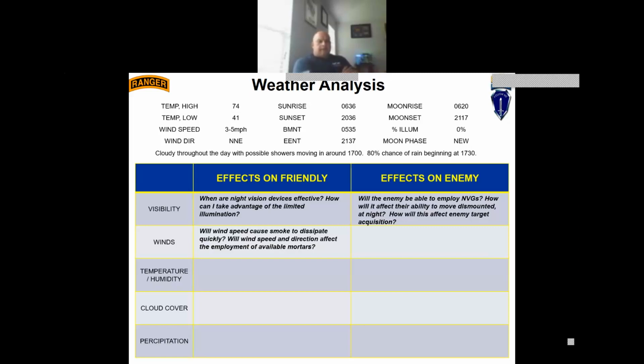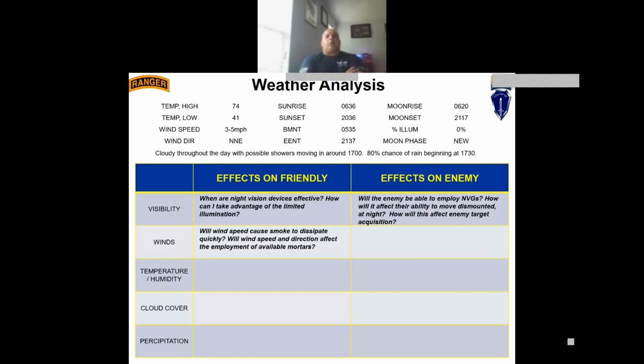Maybe not super quick, but it'll do it faster. It's not going to sit still, but it's going to move a little bit. 3 to 5 miles per hour wind is not that quick. When you start getting to 10, 12, then you're throwing a smoke grenade and it's moving out.